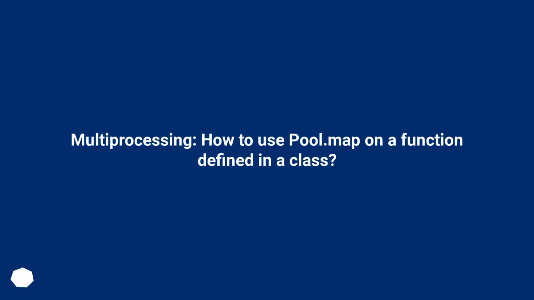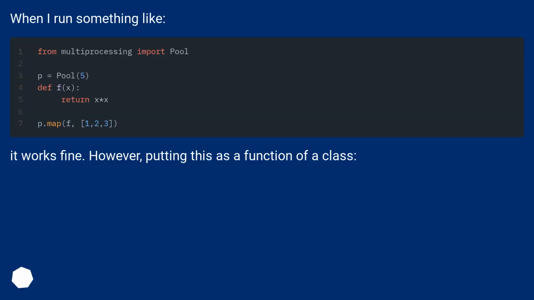Multiprocessing: how to use Pool.map on a function defined in a class. When I run something like this, it works fine.